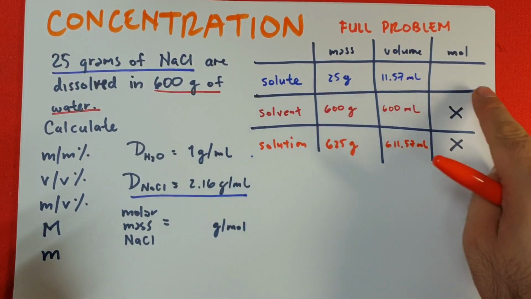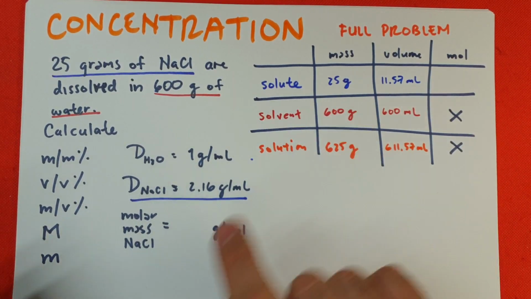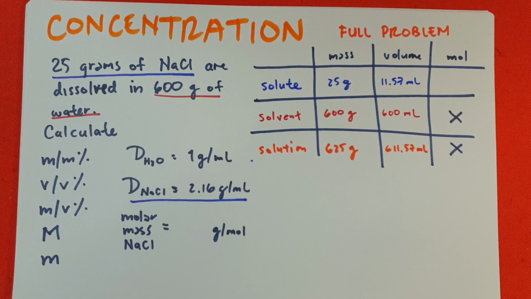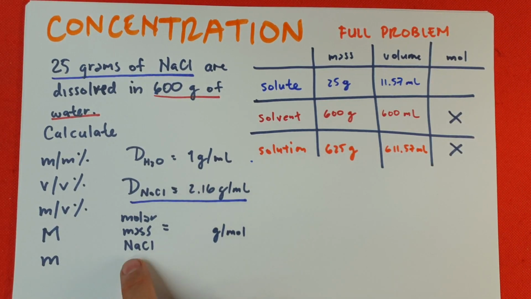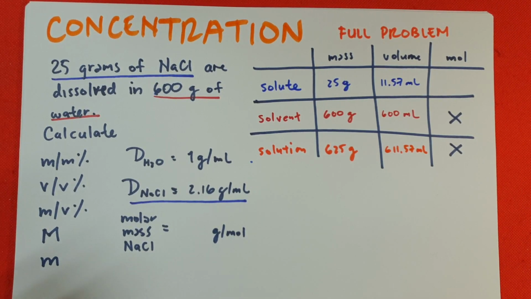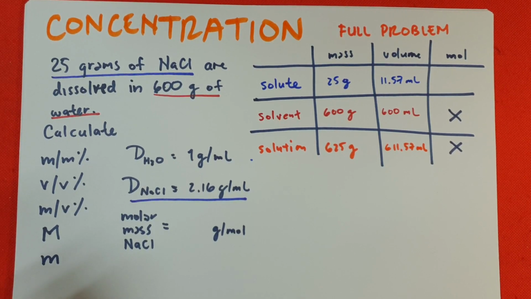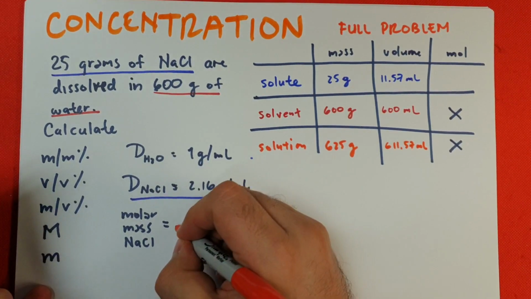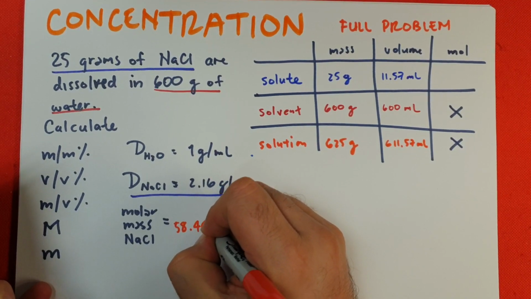The last step to calculate is moles. Moles of solute. We know there's 25 grams, but we haven't calculated the molar mass of sodium chloride. If we add 22.99, which is sodium, plus 35.45, which is chlorine, the molar mass is 58.44.